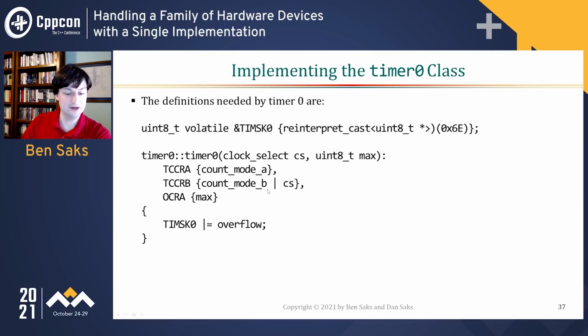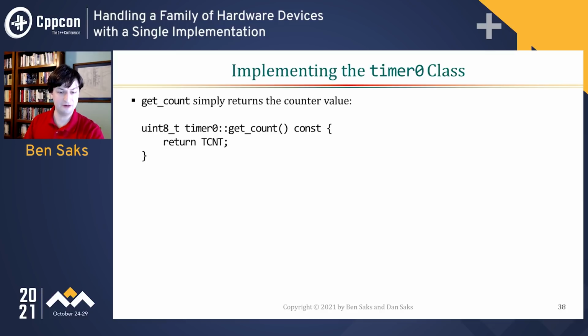It sets those extra configuration bits, count mode A and B. The control register B is also where we configure the clock select. So we combine those bits together using the binary OR operator. The maximum value simply gets placed in output compare register A. That will be used as the maximum based on the way that we've configured the timer. And the only other thing to do is enable the overflow interrupt.